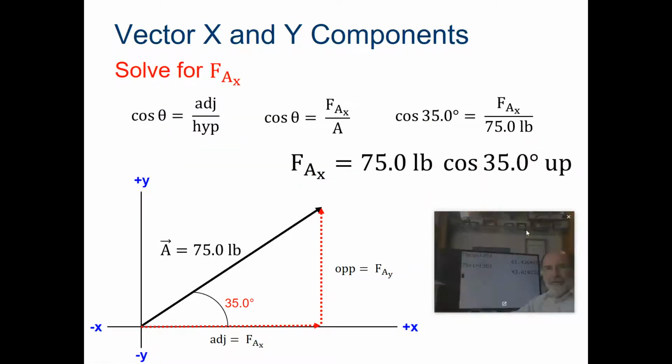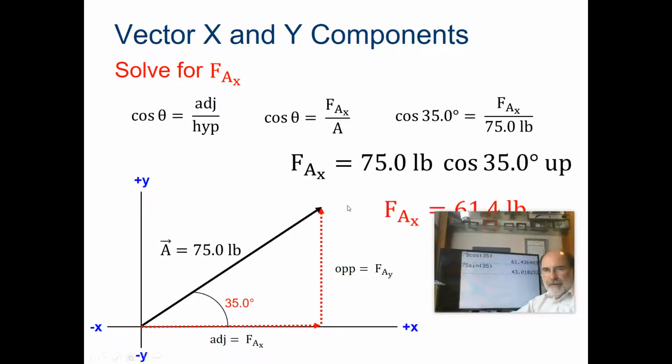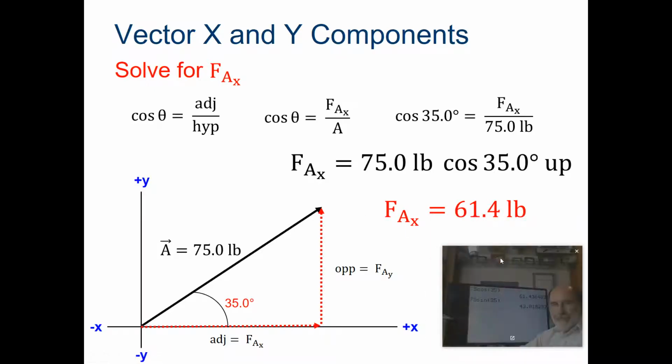There's the math, cosine, there's SOHCAHTOA, and this is just for cosine. It's the ratio of adjacent to hypotenuse. So the adjacent side is hypotenuse times the cosine of theta, and you plug it in, and you get the same result I did, 61.4 pounds.